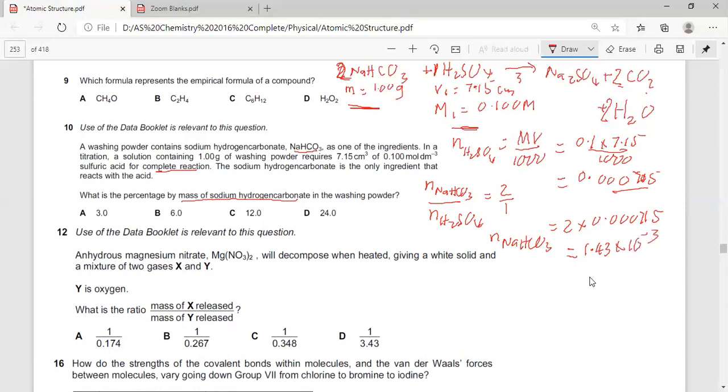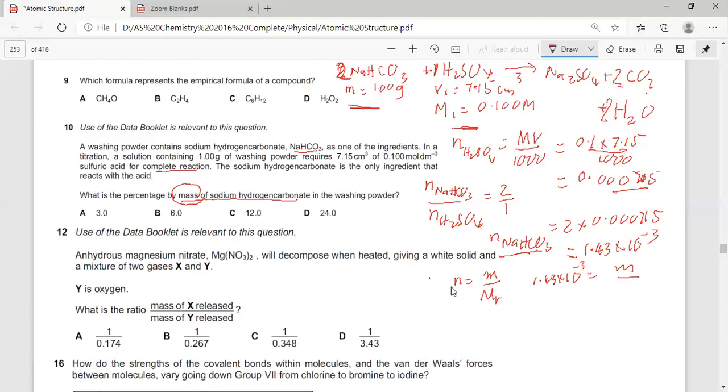Remember, they ask for the mass, right? So you find the mass. Very long calculation, only 1 mark. I tell you, not fair. The number of moles equals mass over Mr. You will find all these in exams as well. So this is 1.43 times 10 to the power of minus 3.